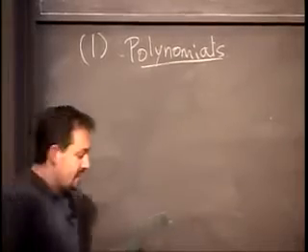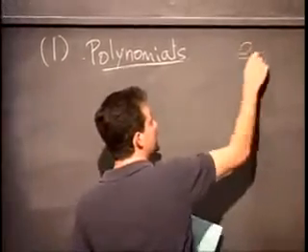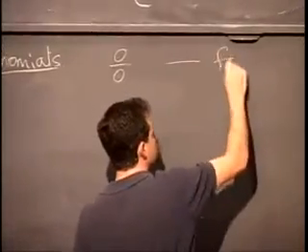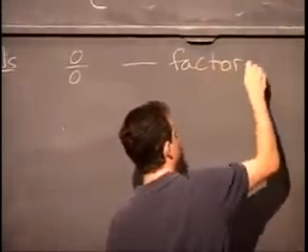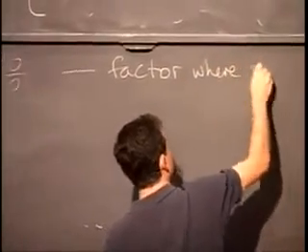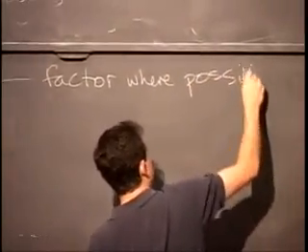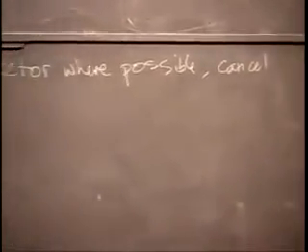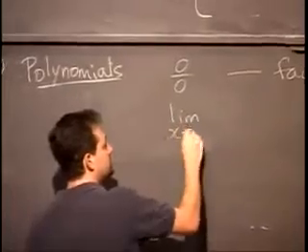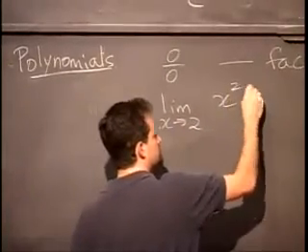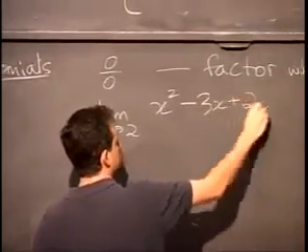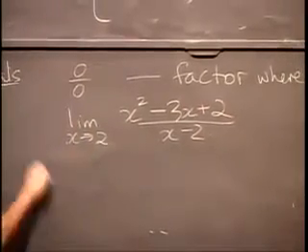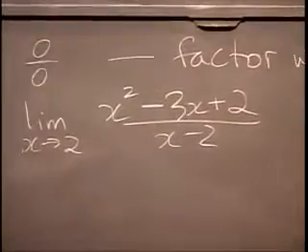If you get a 0 over 0, then you probably need to factor where possible and cancel. I'm thinking of this sort of limit here. You have to factor the top and then cancel. We looked at that limit, in fact.